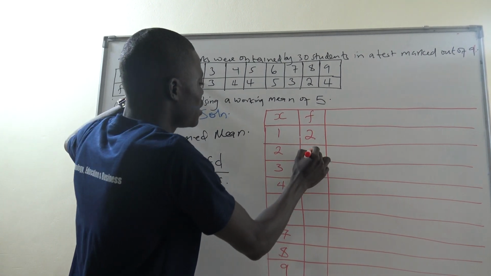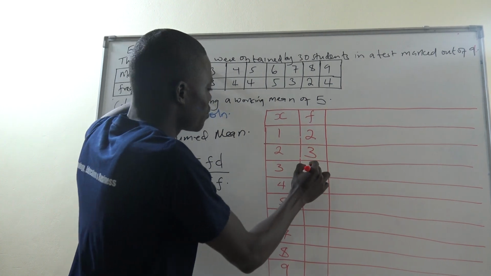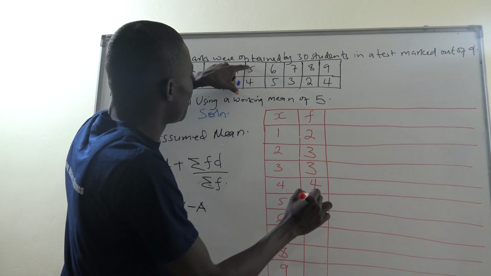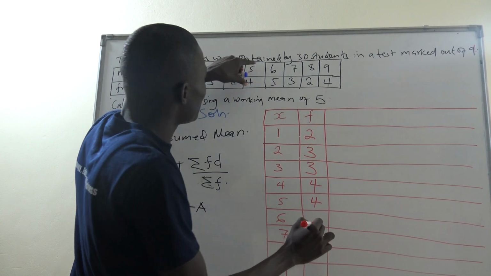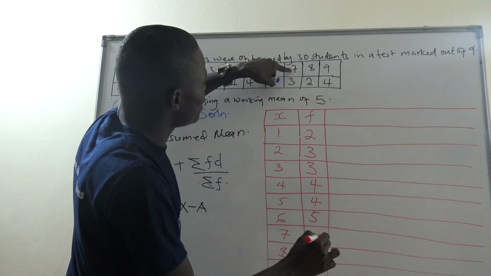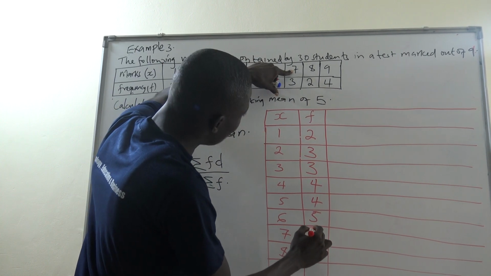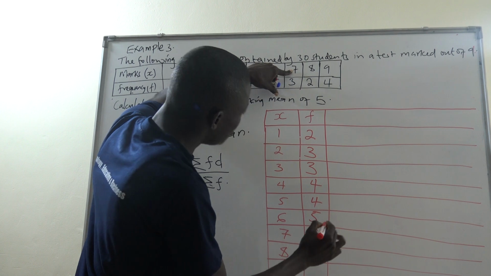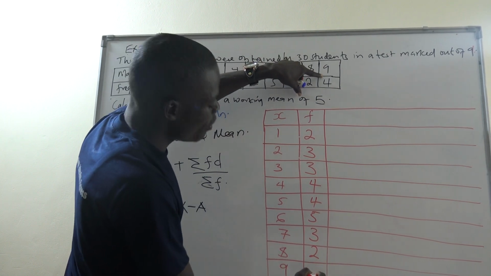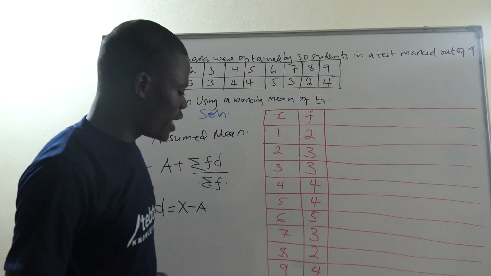Then for 2 marks, we have 3 students. For 3, we have also 3 students. For 4, we have 4 students. For 5, we have also 4 students. Then for 6, we have 5 students. With 7 out of 9, we have 3 students, for 8 we have 2, and then for 9 we have 4 students.